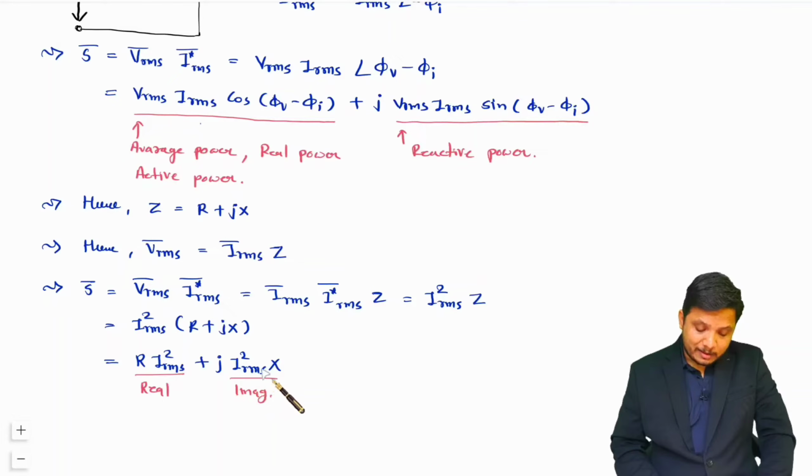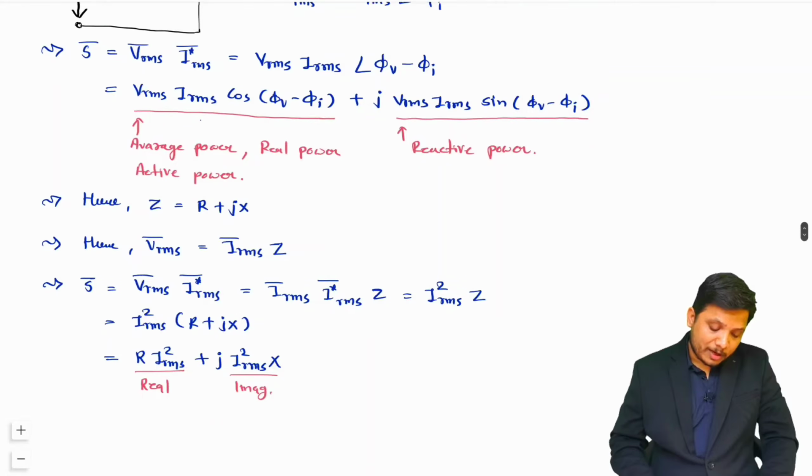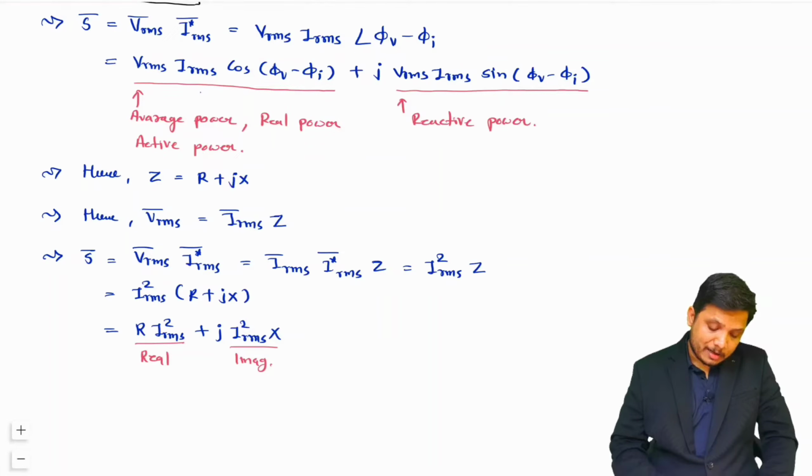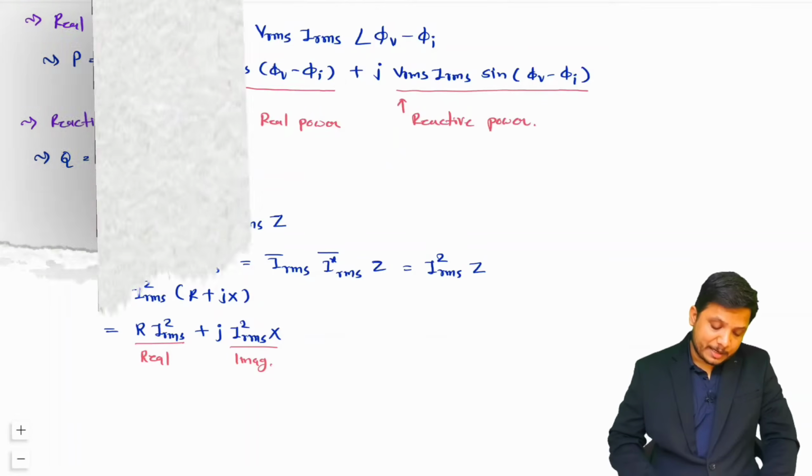This reactive power is purely based on inductive and capacitive networks, as it is the imaginary component. Now my dear students, I want to explain this real power and reactive power separately, so I will write these equations again separately.